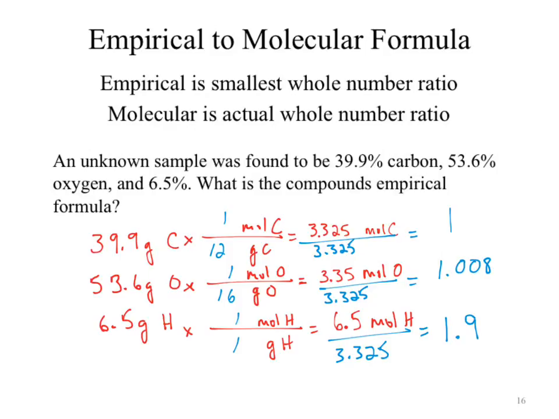So we can now put this into our empirical formula, and we end up with the formula C1, H1.9. Ooh, 1.9. That's that weird decimal. Round it to 2. O1. We'll round to 1. Did our numbers come out perfect? No, but they are within a really close approximation of that whole number.